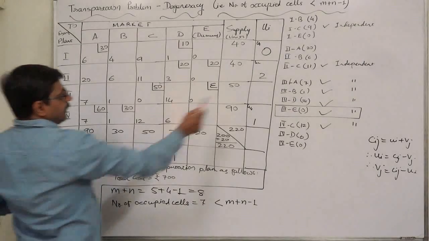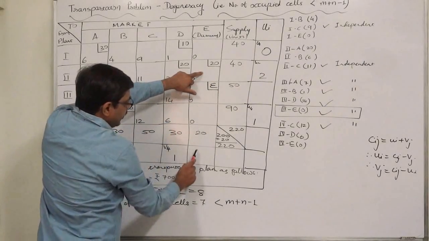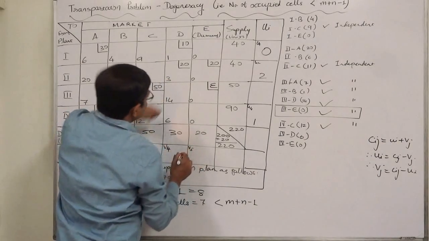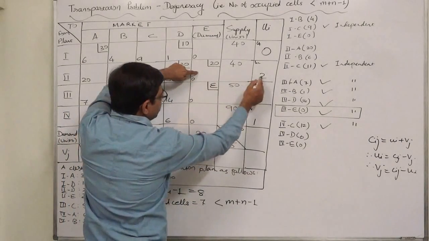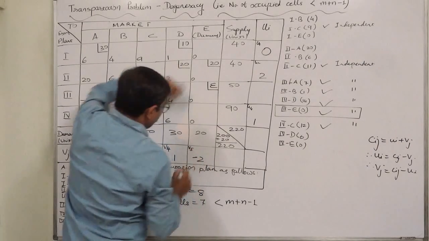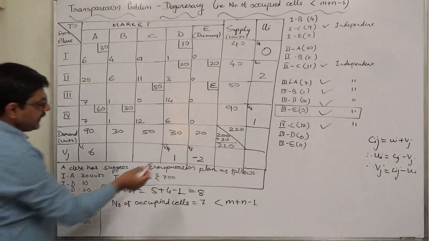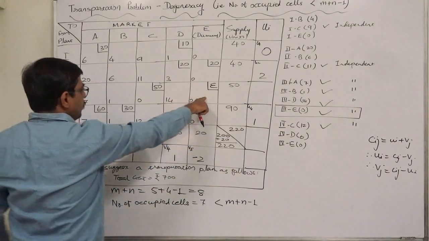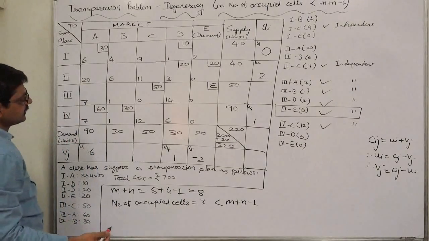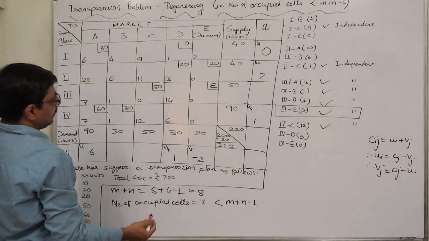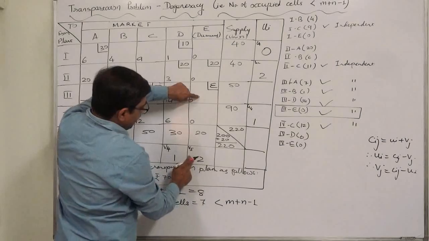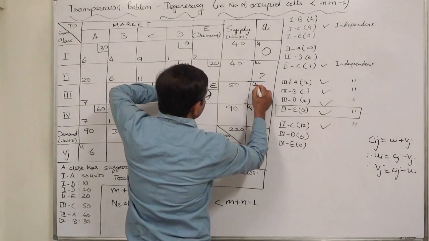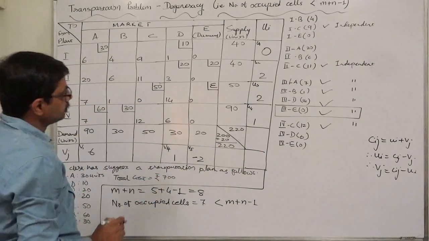On the basis of this value of U and this occupied cell, we can have the Vj value in this cell, that is V5. C minus U, 0 minus 2, minus 2 will be the value of V5. Now on the basis of this V value and any other occupied cell, can we go for another value? Yes. 0 minus minus 2, that will be positive 2. The value of U3 is positive 2.